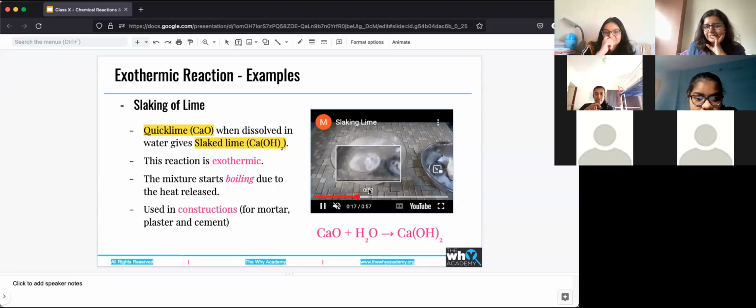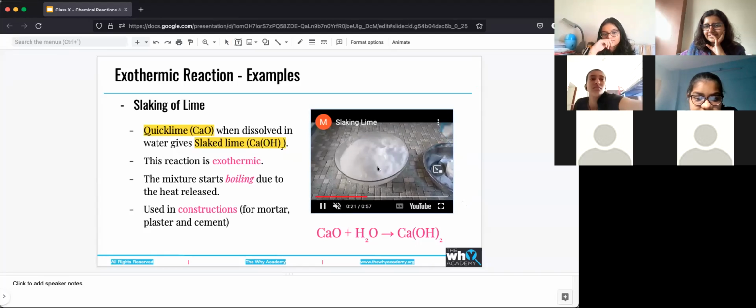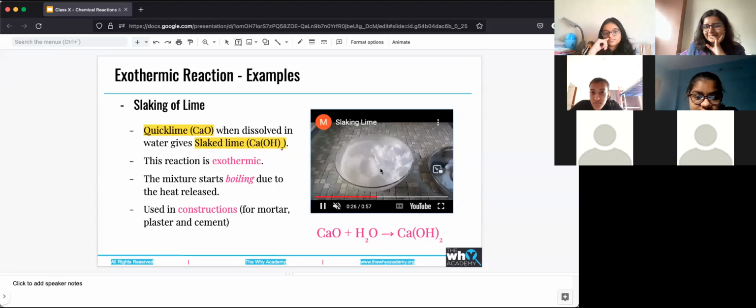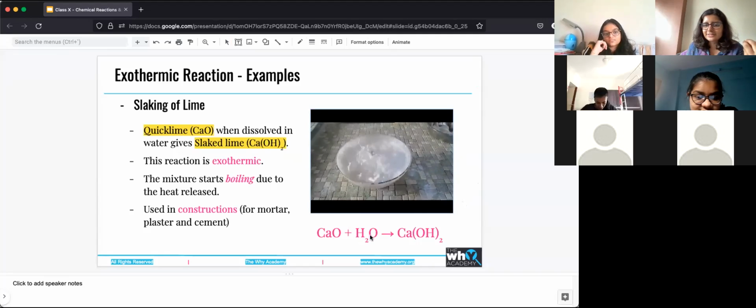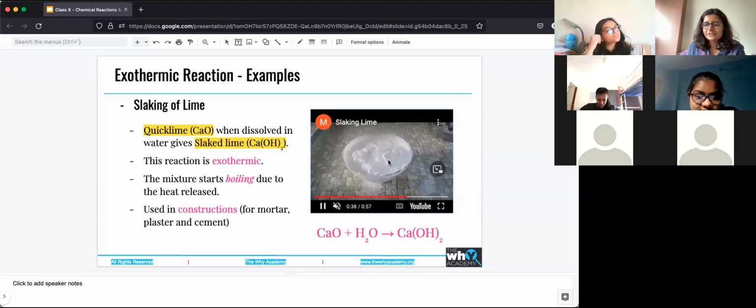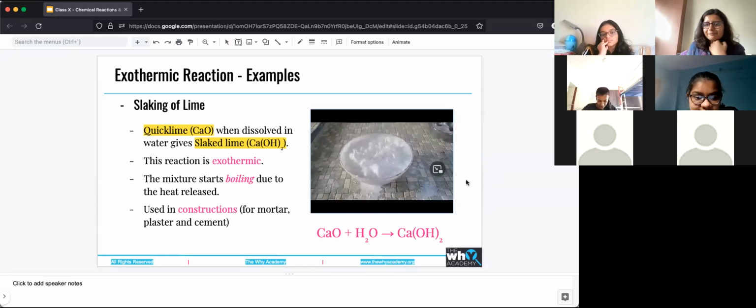Without doing anything, you can see it's boiling automatically, violently boiling. That's because the reaction between lime and water is exothermic. A lot of heat energy is released, sufficient to boil the water automatically.